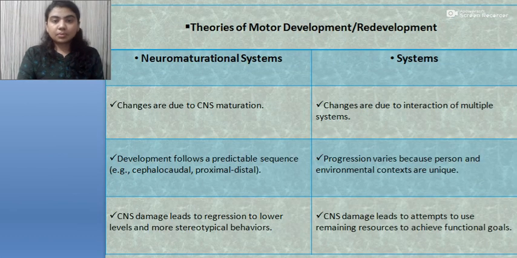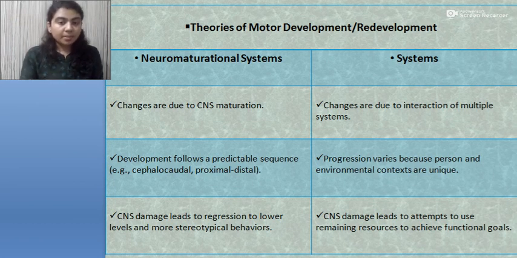So now next point, theories of motor development. This will be the second point on which we'll differentiate the neurophysiological and system-based approach. In neuromaturation systems, the changes are due to the CNS maturation. So in the development, the primitive reflex will come first.